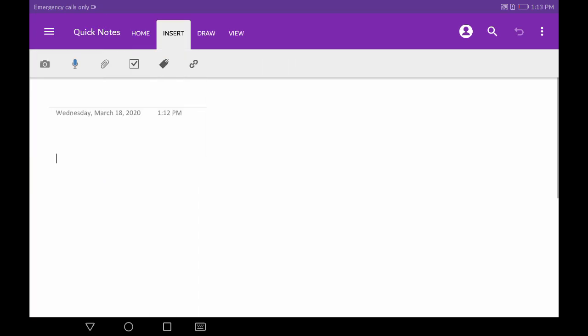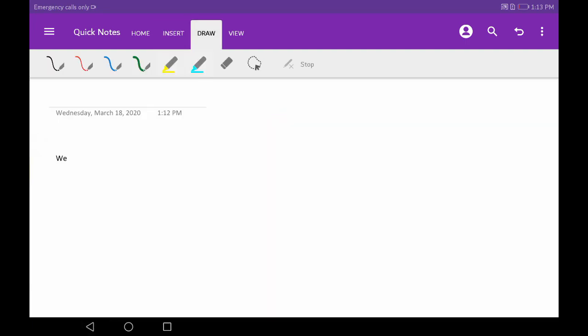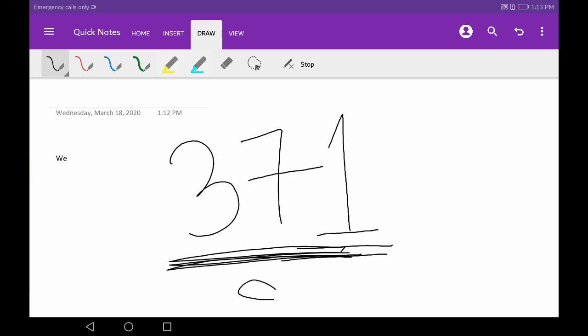Taking another example, number 371. Well, is 1 even or odd? Yes, it is odd because it is not a multiple of 2. So the whole number is an odd number.